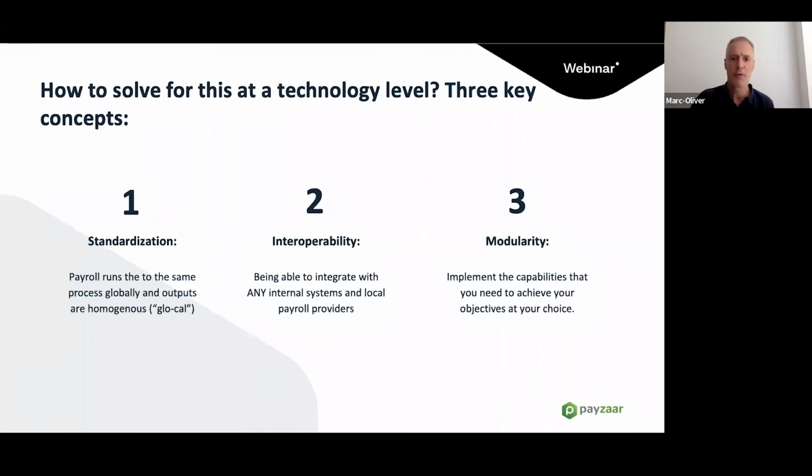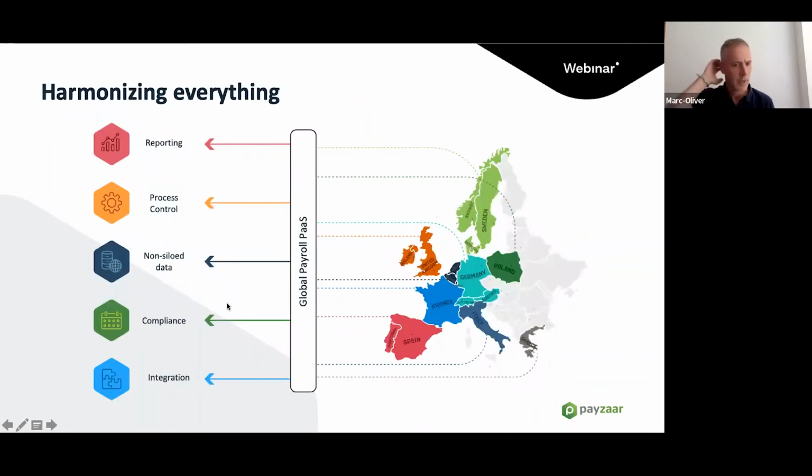So let's move forward. And Trevor, I don't know if you want to maybe pick this up and talk a bit about, you know, where that brings us then, this concept of standardization, interoperability, and modularization, and how that all comes together. Yeah, so I suppose we're introducing this concept of a global payroll PaaS, so called a platform as a service.